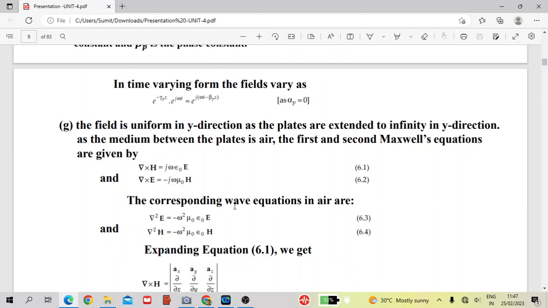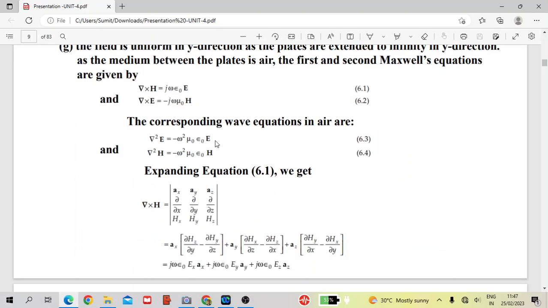And then to solve the equations, you can see these are the Maxwell's equations that we know very well. Curl of H is j omega epsilon 0 E, curl of E is minus j omega mu 0 H, and by the traditional way, if we solve these Maxwell's equations, we get these differential equations, which we call the Helmholtz equation.